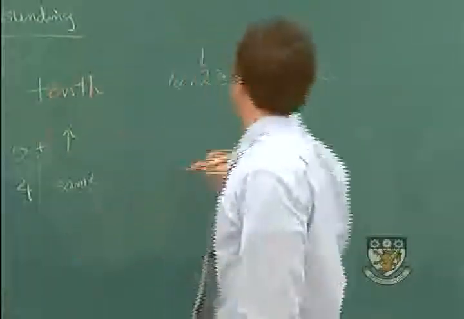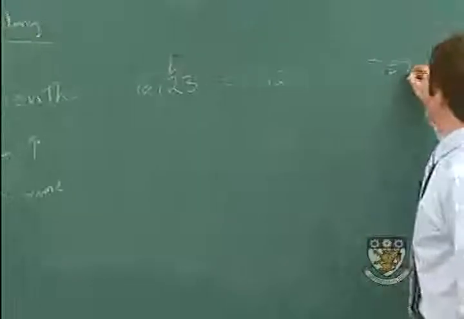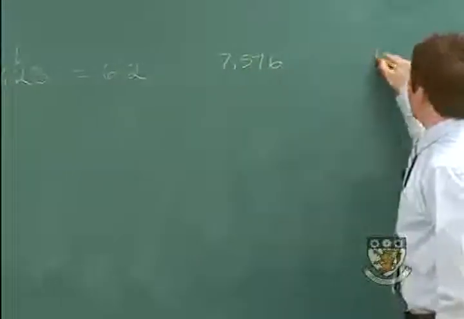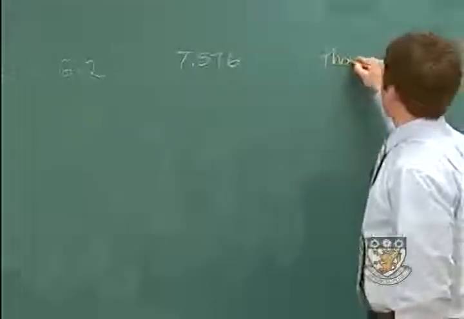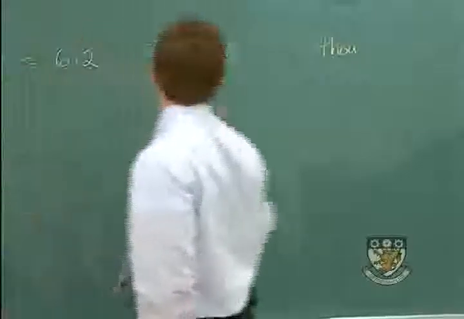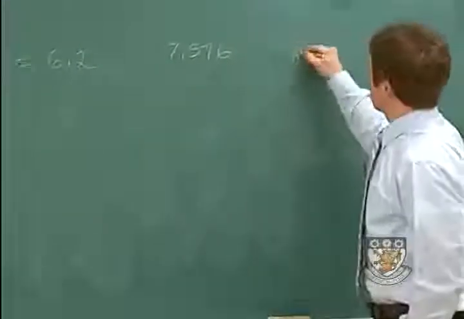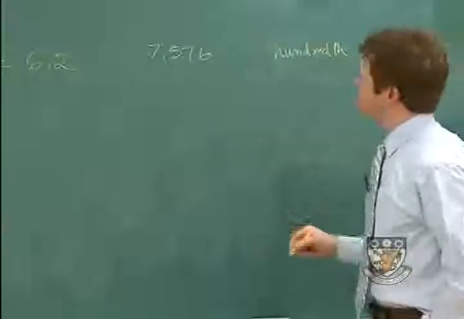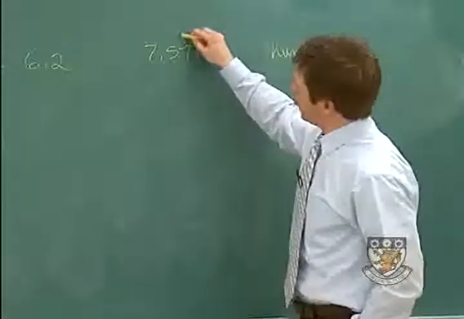If we have another question, for example, 7.576, that we want to round to the nearest, let's say, thousands. Oh, sorry. Let's use hundredths. Round to the nearest hundredth. The hundredth place is right here.